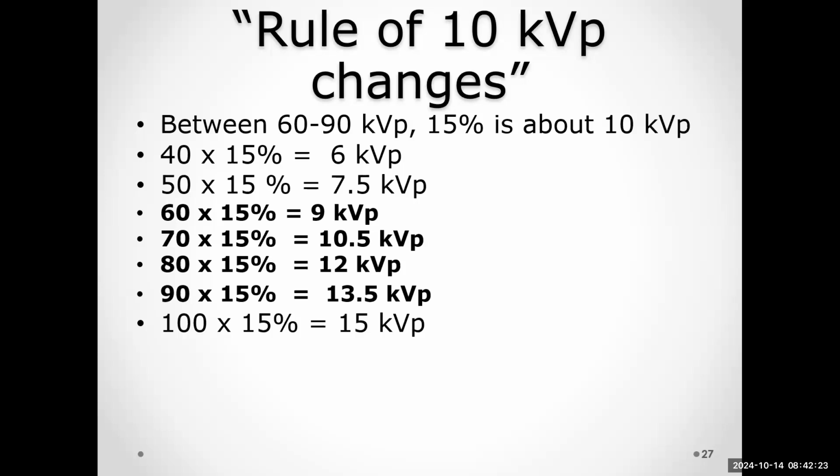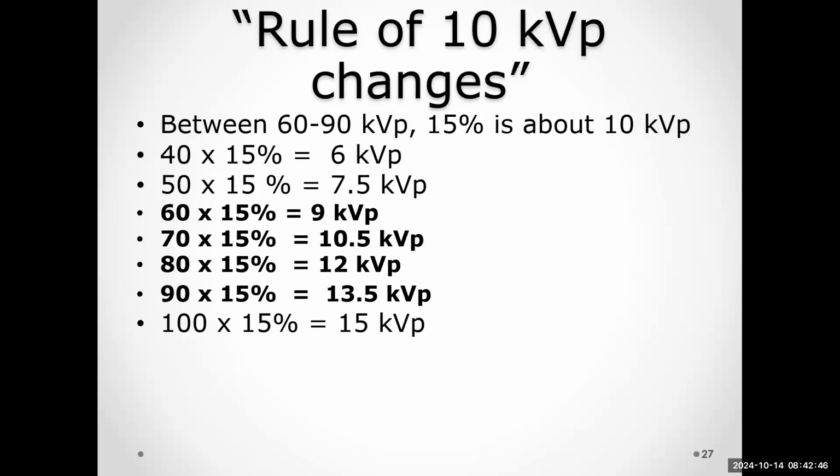Pretty easy. So you could have said, all right, if we're operating between 60 and 90 kVp, see what I've done in this slide is I have actually shown you what 15% of those kVps are. See how between 60 and 90, it's about 10 kVp.